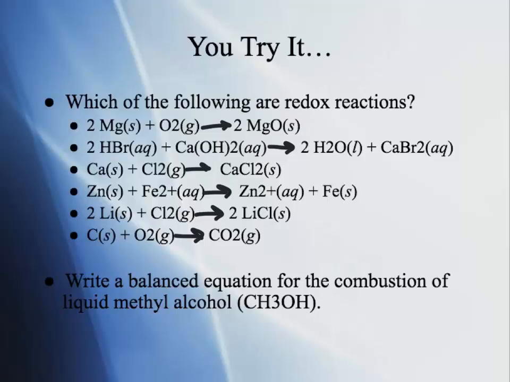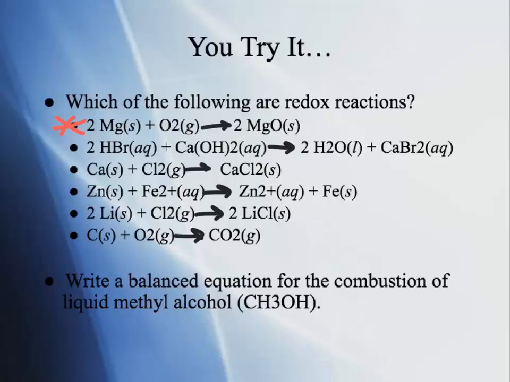All right, let's see if you did it. Which ones are redox reactions? The first one is magnesium with elemental oxygen. Ding, ding, ding, that's redox. The second one is hydrobromic acid with calcium hydroxide. That is not redox. It has oxygen in it, but it's not elemental oxygen.